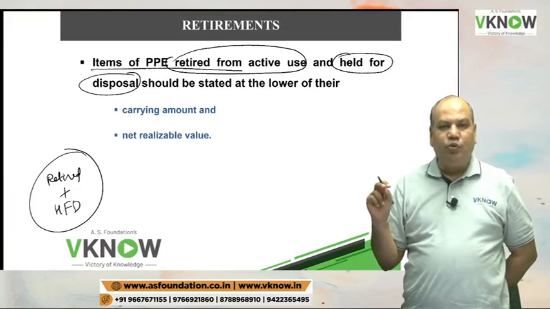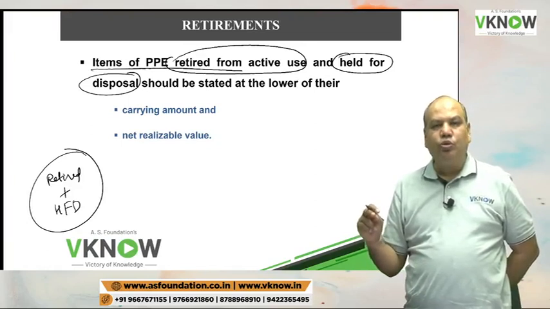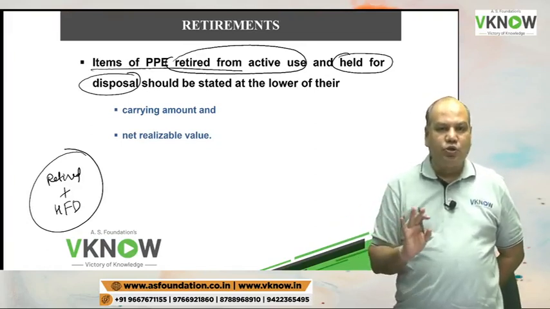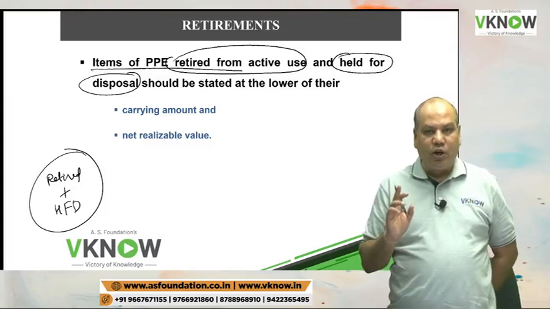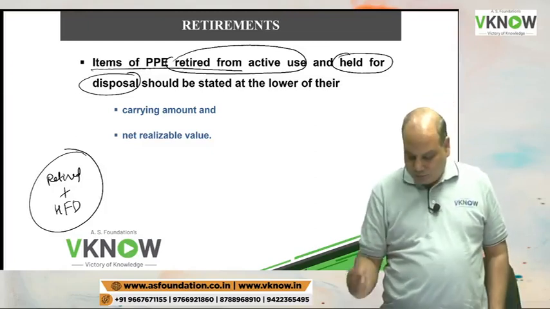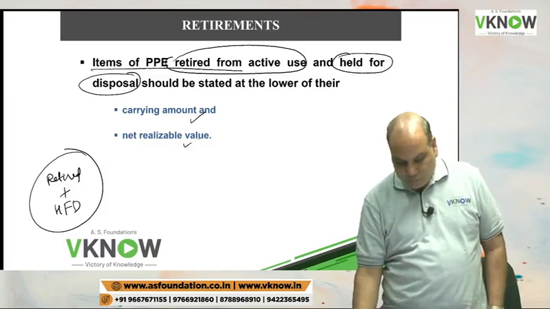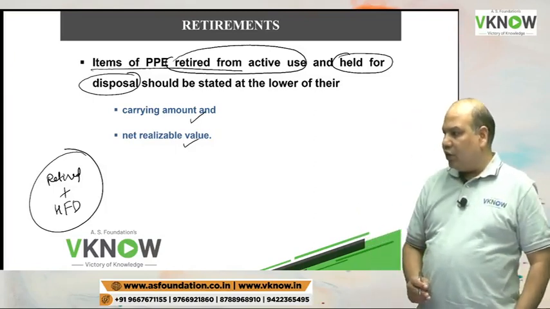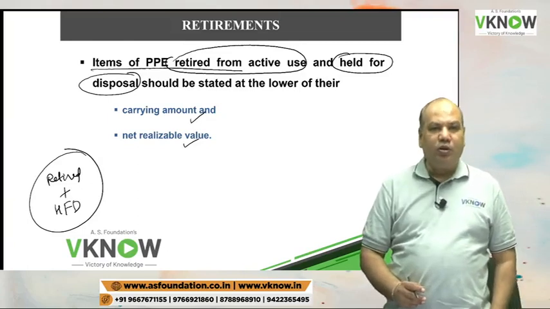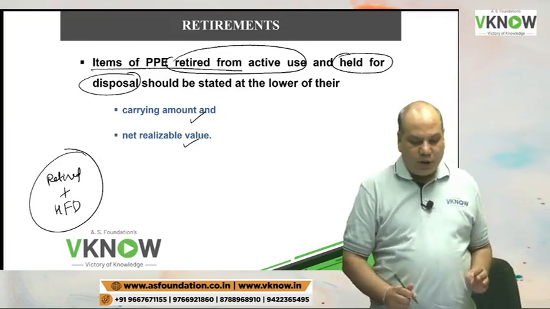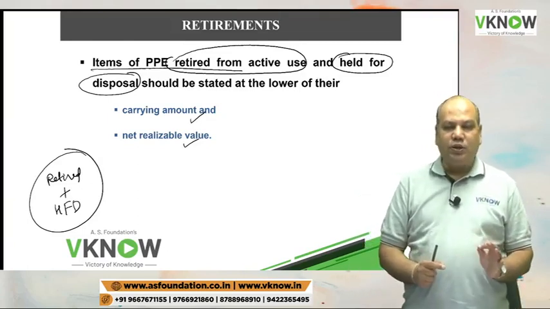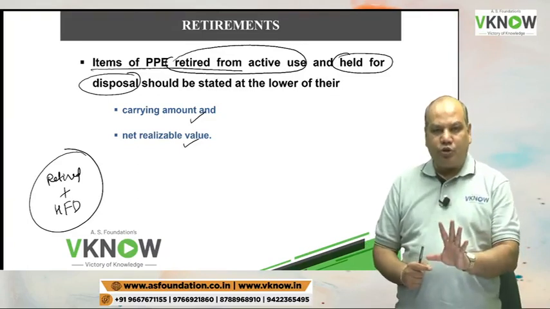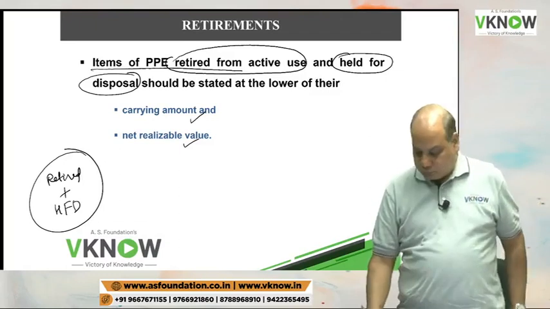Since I am not using it and I am going to recover the amount by selling it, the standard says stop providing depreciation, and it will be valued at carrying amount or its net realizable value, lower of the two.